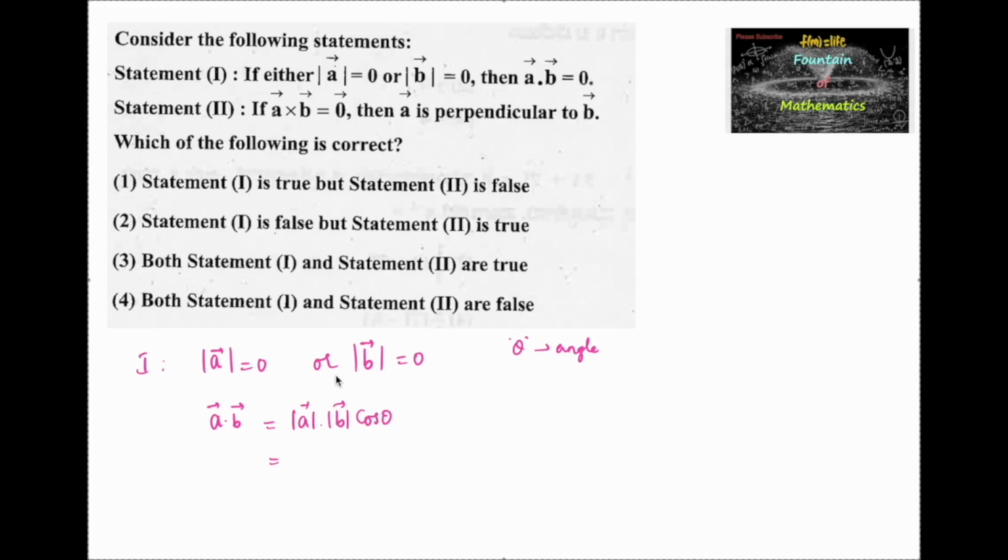If either A is 0 or B is 0, we can say that mod A into mod B will be 0. Then we can write A dot B, which is equal to 0 into cos theta, which is 0. So we can say that the statement 1 is true.